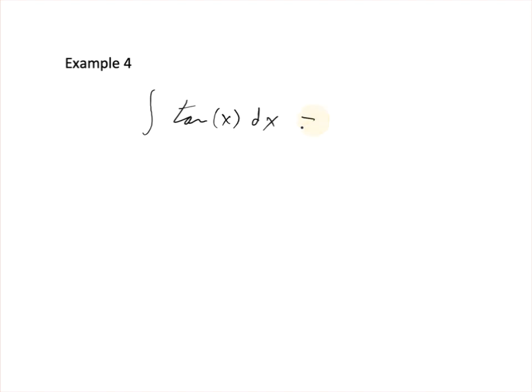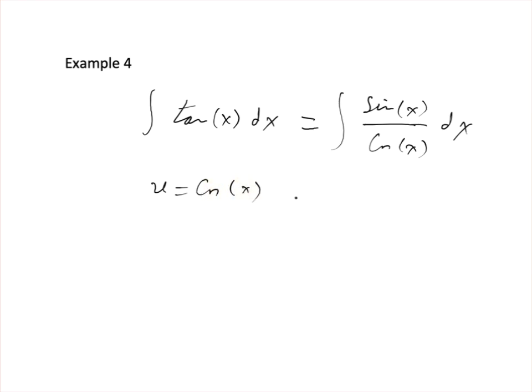So if we write it as sine x over cosine x dx, then we can use u substitution. So I'm going to let u be the denominator. So u is cosine x, and then du is minus sine x dx.